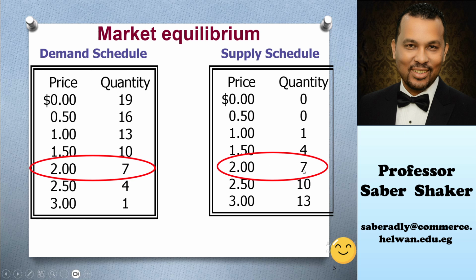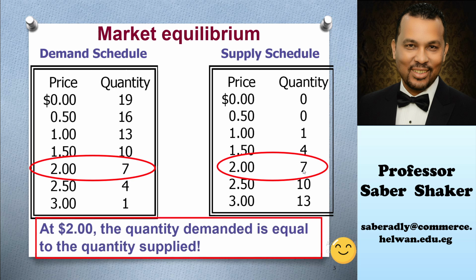So this is market equilibrium, at price 2. So this is the equilibrium price. What about the equilibrium quantity? 7. So in this case, at price $2, the quantity demanded of 7 is equal to the quantity supplied, the same 7.